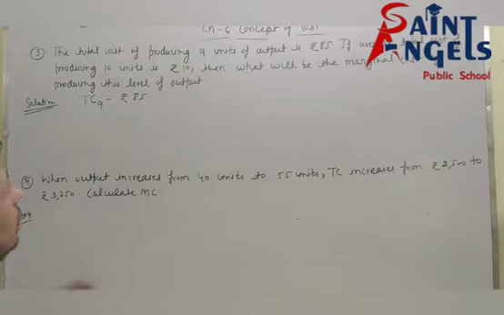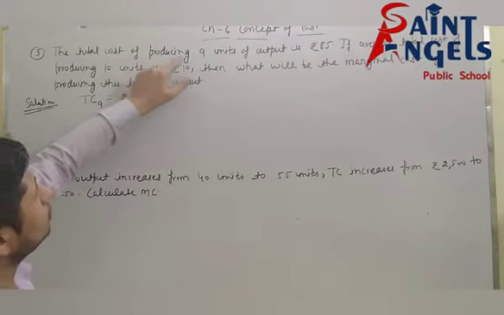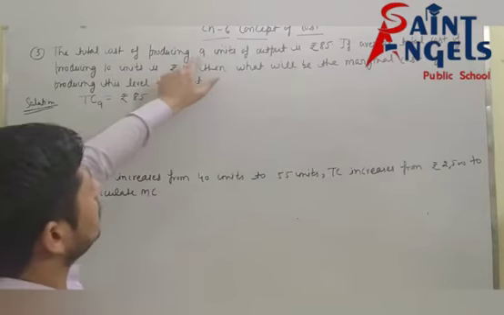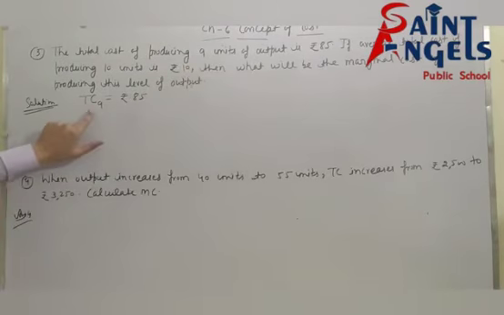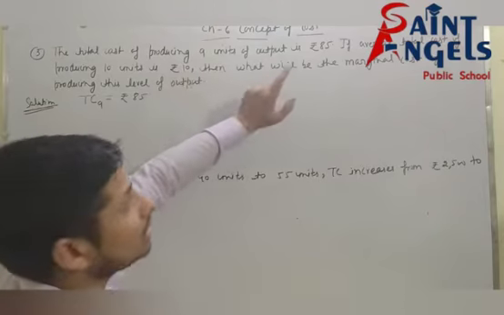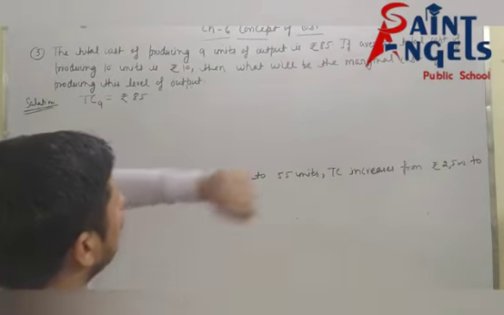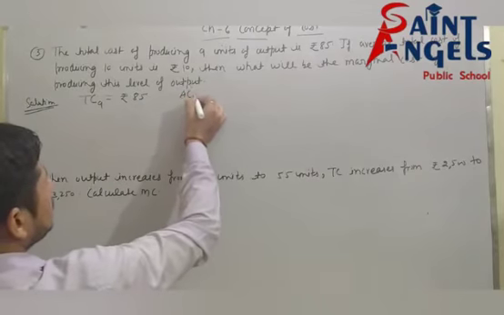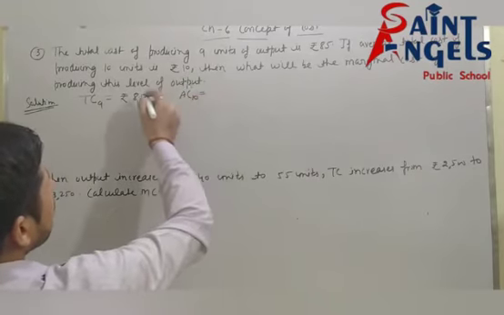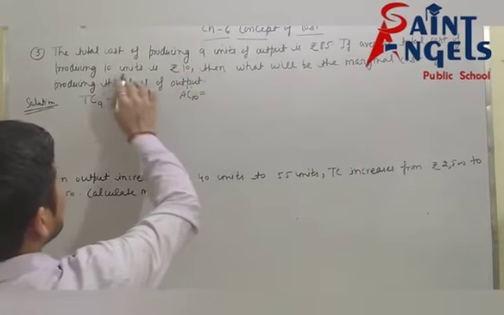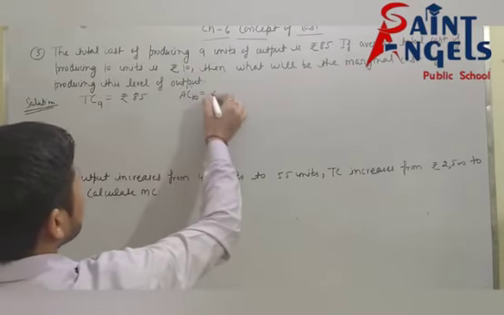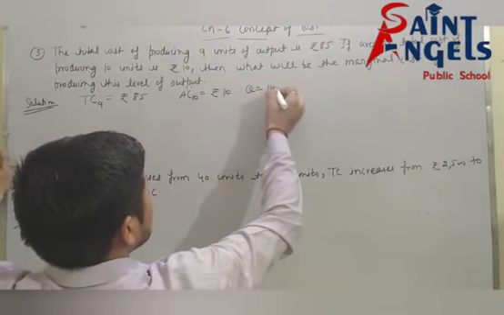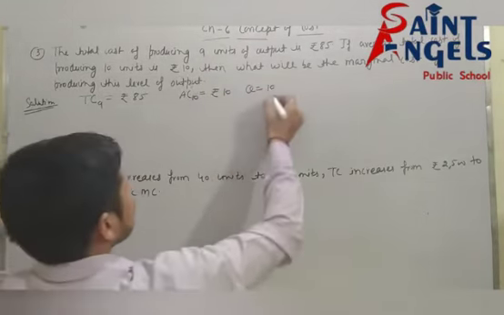This is clear. Suppose the total cost of producing 8 units of output, then you will write TC8; for 7 units of output, you will write TC7. Now, the average total cost of producing 10 units means AC10 is equal to rupee 10, and quantity is 10 units.